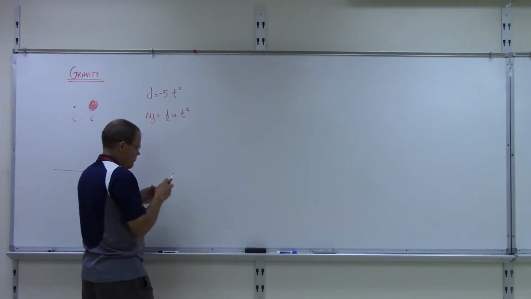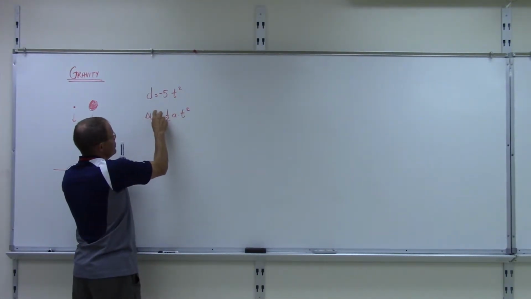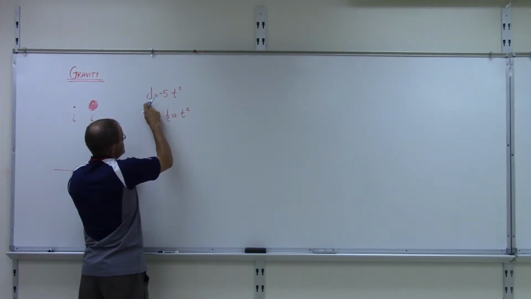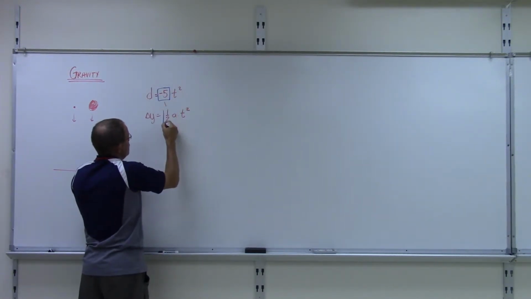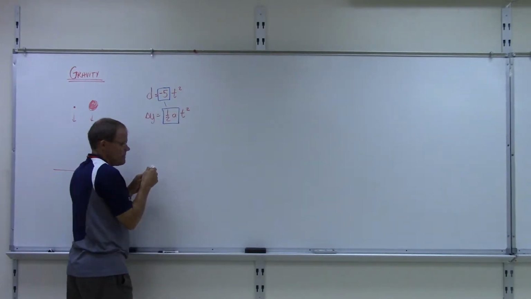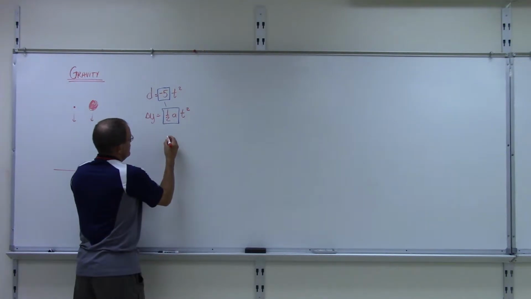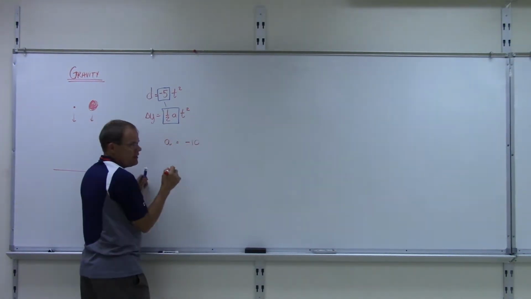And so by comparing our two equations, the mathematical model from our lab with our equation from our theory, these are both distances, the distance it falls, there's time squared. That means that the -5 must be 1/2 the acceleration. And so if the -5 is 1/2 the acceleration, then of course the acceleration itself must be around -10.